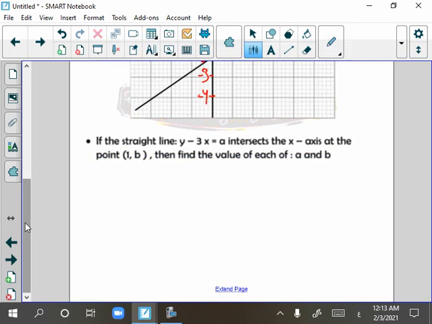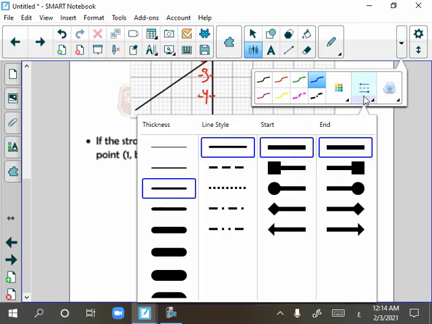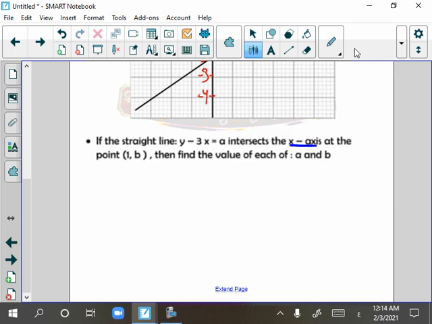Another question: if the straight line y minus 3x equals a intersects the x-axis at the point 1 and b, then find the value of a and b. How can we find the values of a and b?